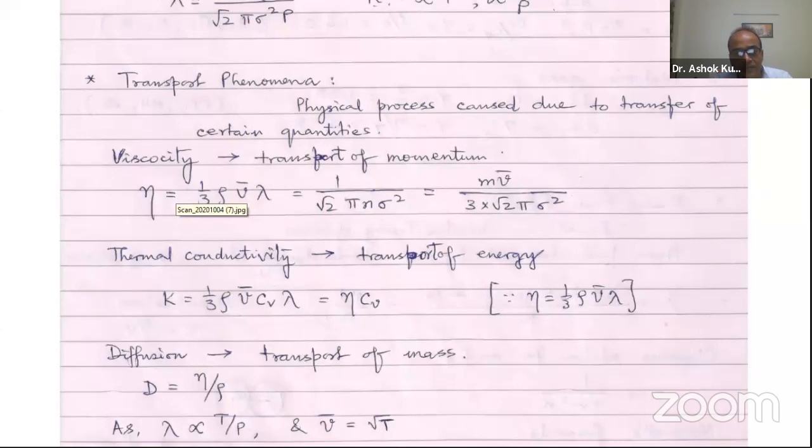So what happens? Imagine a layer of single molecule thickness, which is in contact with the container, the tube or the surface. Those molecules will be in static situation, at rest, we can assume.